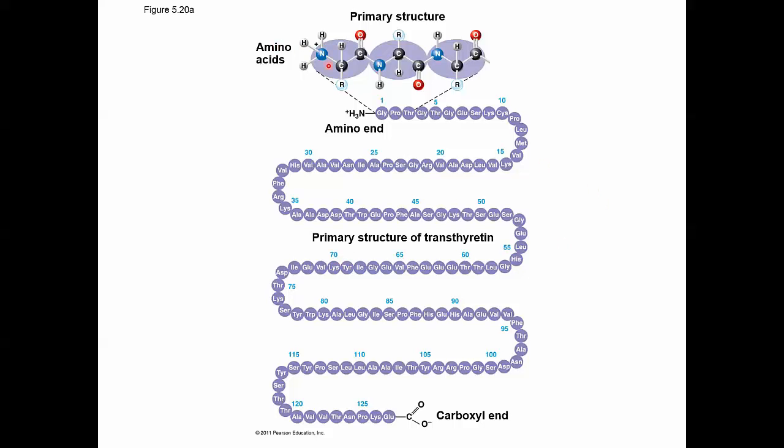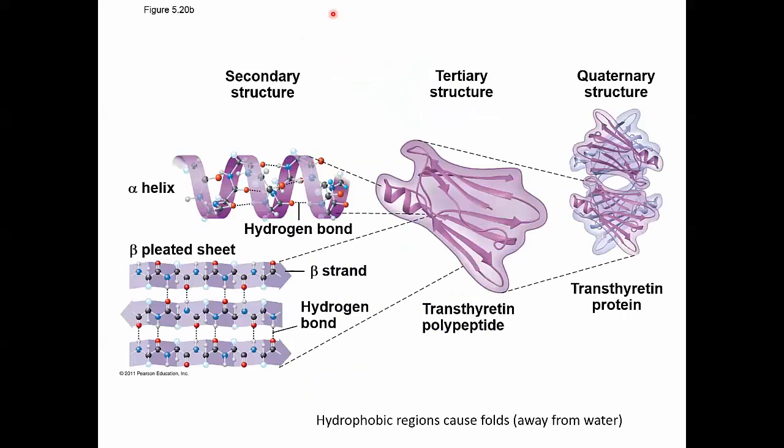Okay, so you have a bunch of these amino acids lined up. Their backbones are joined through peptide bonds, and then you get this big, long structure of amino acids. This is known as the primary structure of a protein. Okay, then you have hydrophobic R groups and hydrophilic R groups causing that structure to fold.